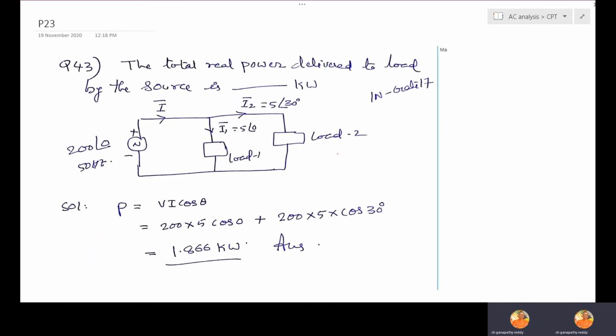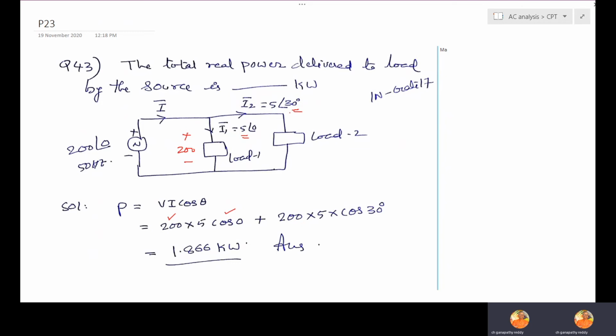Now the solution is: P is equal to power in load 1 plus power in load 2, that we have to consider. What is the voltage applied here? 200 only, na? For both are in parallel. The voltage is 200. Then what is the current given? 5. What is cos theta? Voltage angle 0, current angle 0, so cos 0. Here 200 into 5 into cos 30.